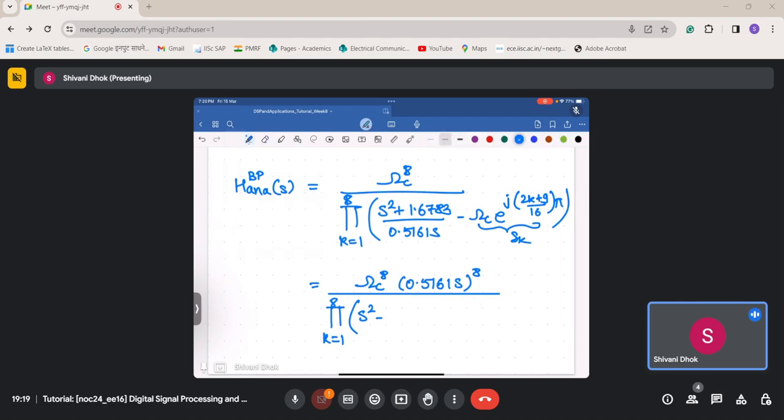So this will be sk into 0.5161 S plus 1.6783. So this is the analog equivalent.